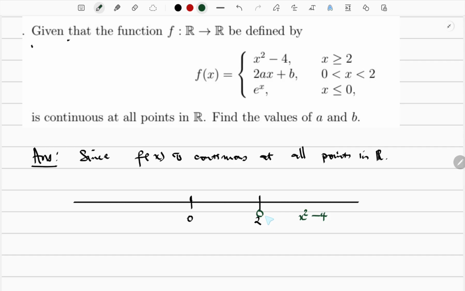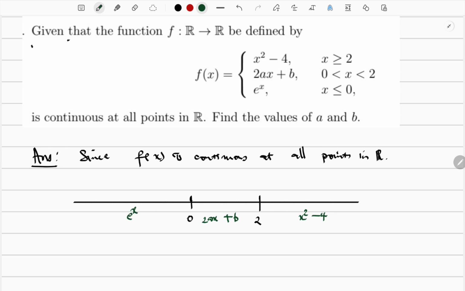Then for x in the range 0 to 2, our function is 2ax plus b. Then for x less than or equal to 0, our function is e to the power of x.